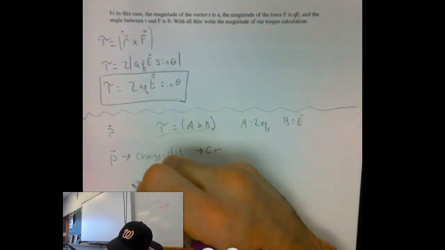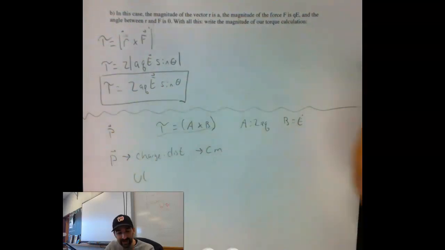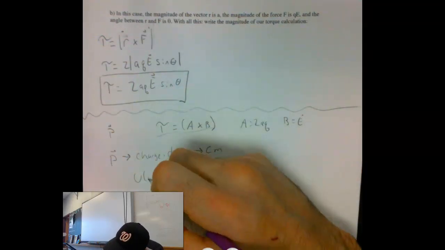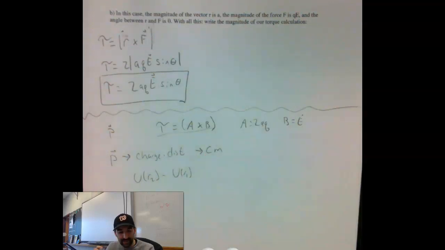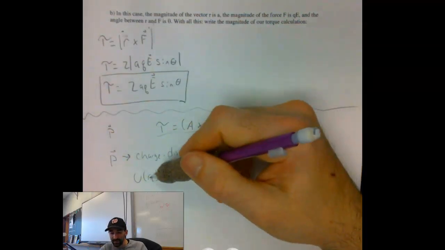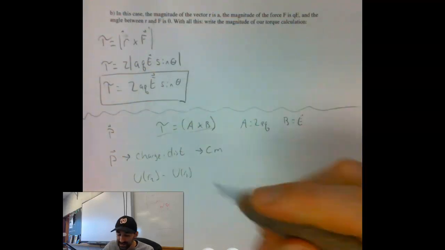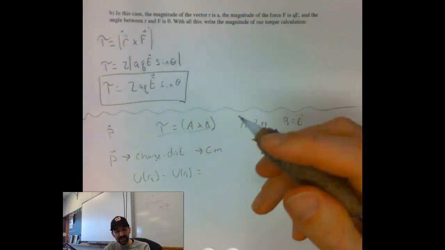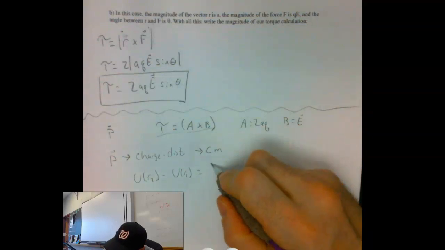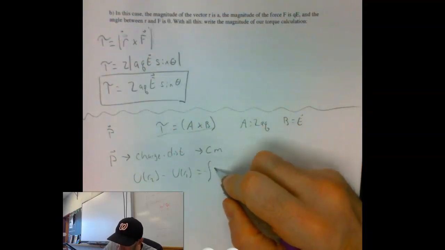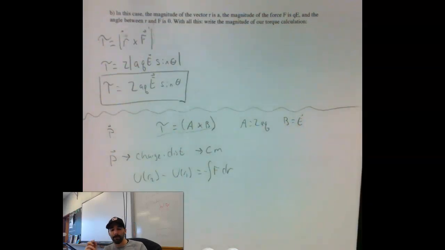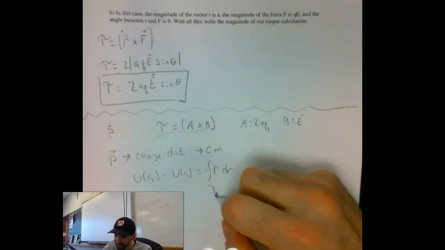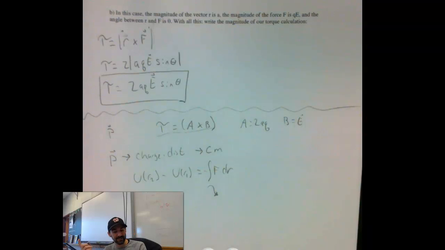So for a rigid body, we know the potential energy going from position 2 to position 1 is by definition a change in work, the antiderivative of F dot dr. But here I'm rotating objects, right?